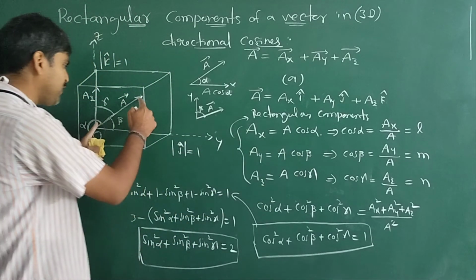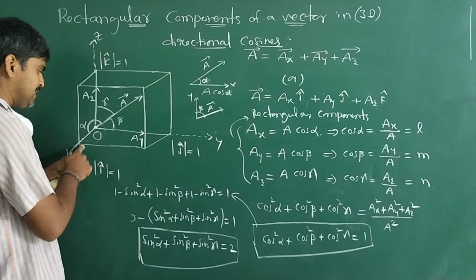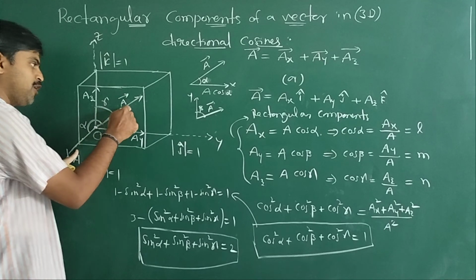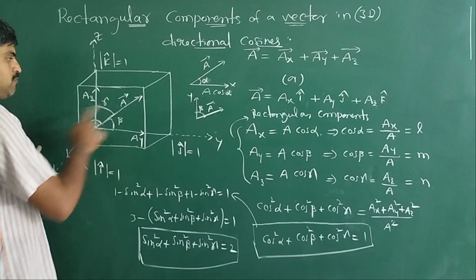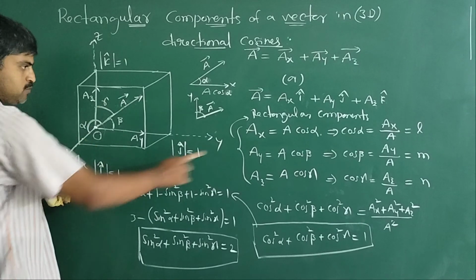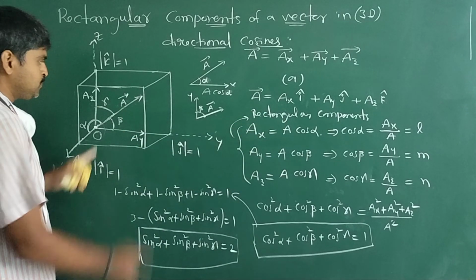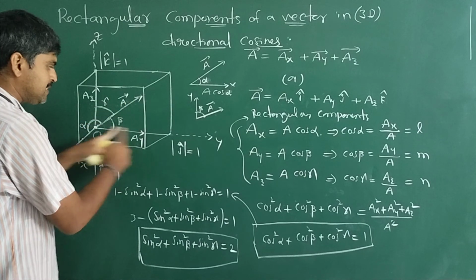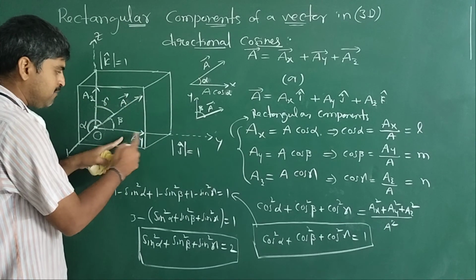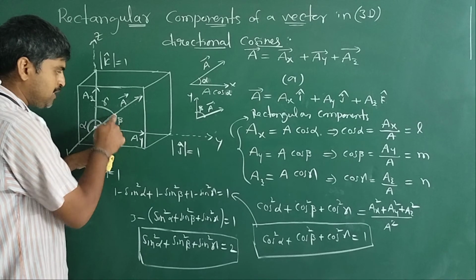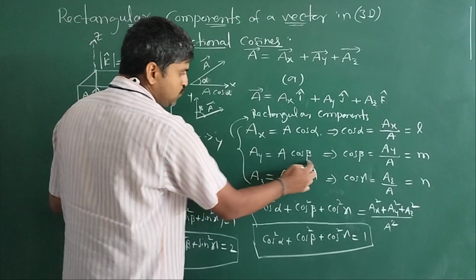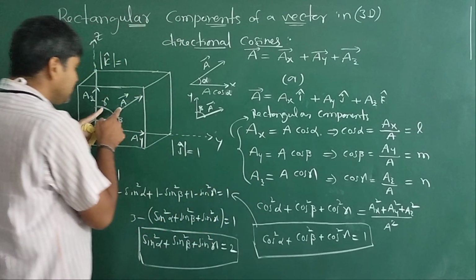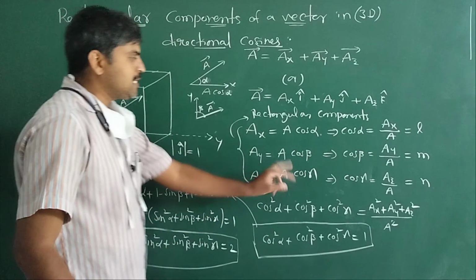Because this vector makes an angle alpha with the x-axis, so its effect in this direction is A multiplied by cos alpha, so ax is a cos alpha. In this direction, A is multiplied by cos beta. So ay is equal to a cos beta and az is equal to a cos gamma.